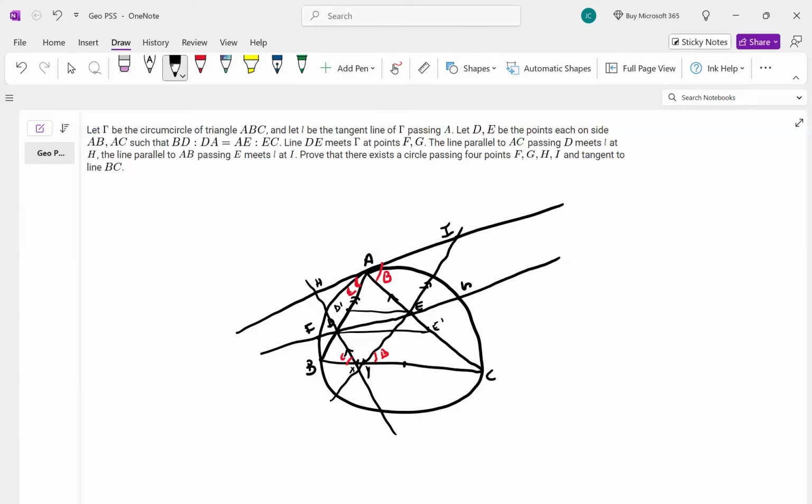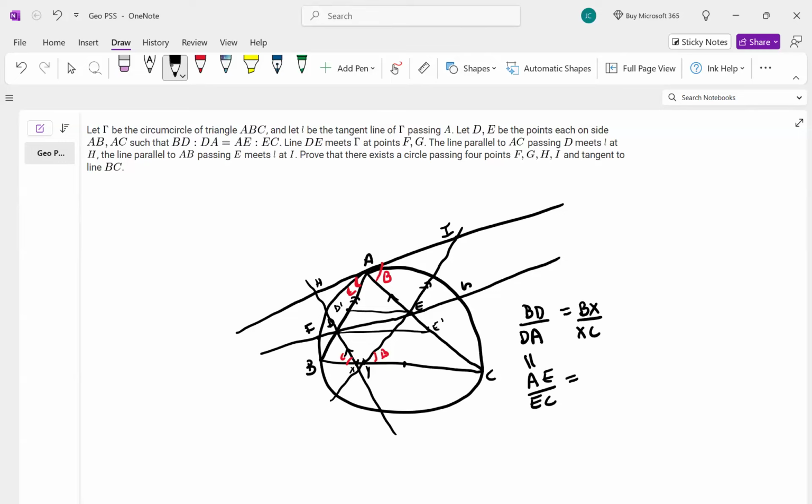I mean F and G. Oh wait, I think X is equal to Y. Yeah, X and Y are the same point. Yes, because you have BD by DA is equal to BX by XC, but this is also equal to CE by AE by AC.